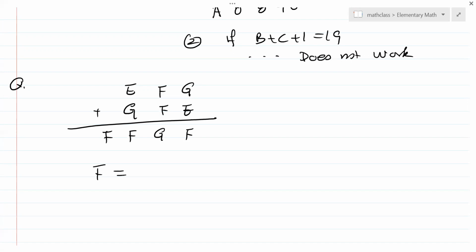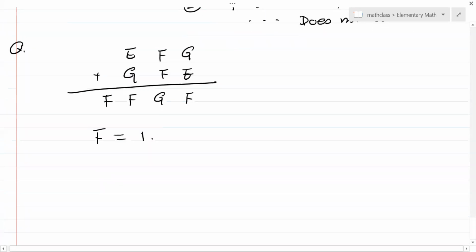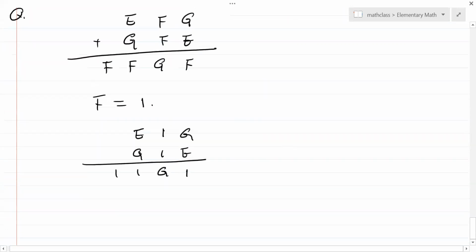Because the sum of the two digits, no matter how you add them, is never too large. You have to get 10, 11 or 13 or something. So this must be 1. It's obvious. So let's put again E 1 G, G 1 E, then 1 G 1. Then can you figure out E and G?